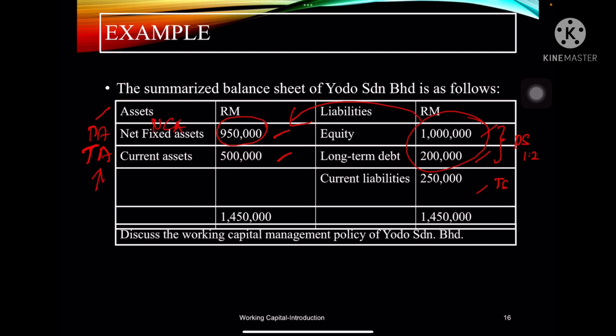So we can consider this a conservative policy. Why conservative? Because we have more permanent sources, 1.2 million, to cover our permanent asset of only 950,000. So we get the extra, and the extra can also cover part of our current asset.